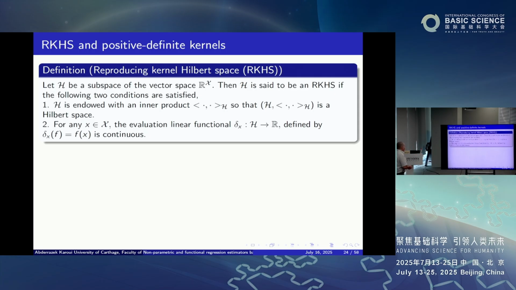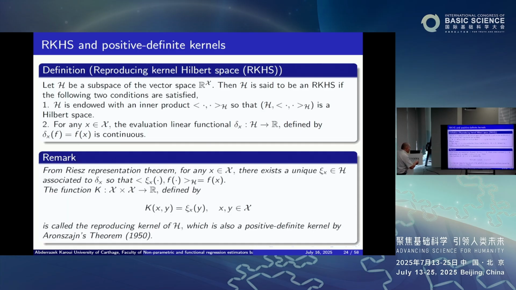A reproducing kernel Hilbert space is associated with a positive definite kernel. The theory of positive definite kernels goes back to 1950. There is a theorem of Aronszajn that says that a positive definite kernel is a reproducing kernel and vice versa. These are known results from the 50s.